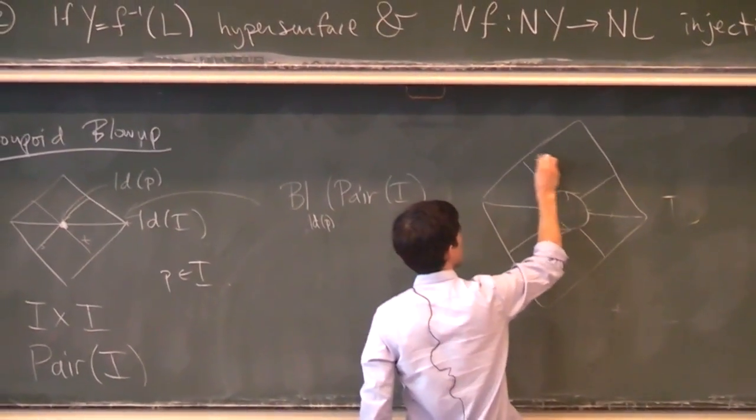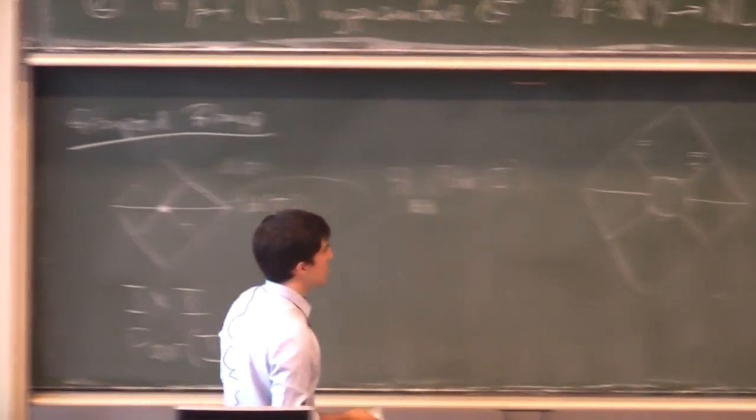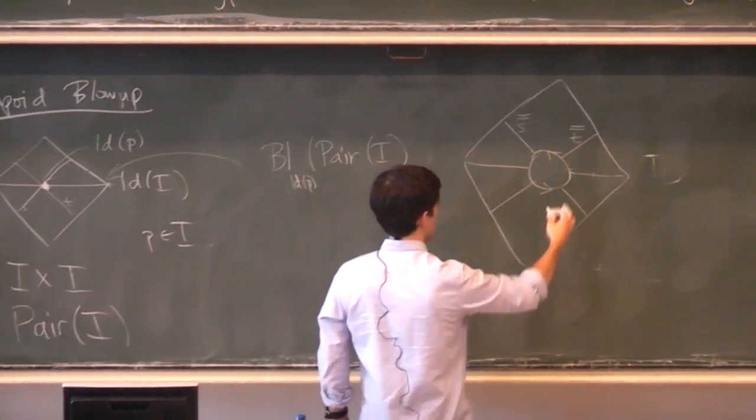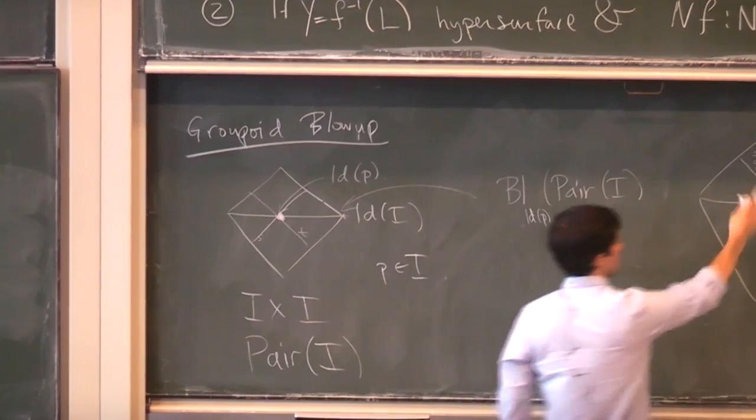I'll call them S double bar and T double bar. Those are the proper transforms of the source and target fibers. So you'll notice that I want this to be a groupoid. That's the strategy. I want this to be a groupoid.